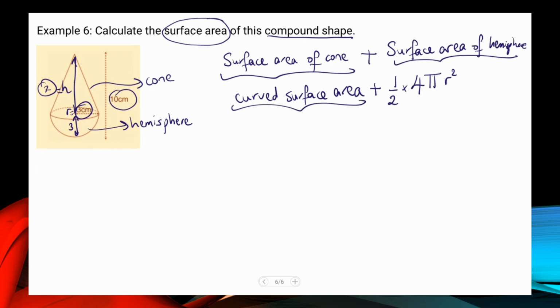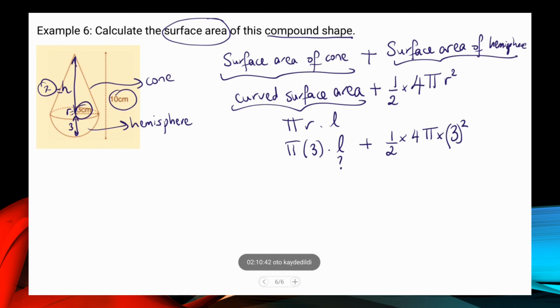Then curved surface area of the cone, this is πrl, and you're going to substitute the values that you know. I know r and I don't know l, so I need to find it. Plus 1/2 times 4π r², which is 3.